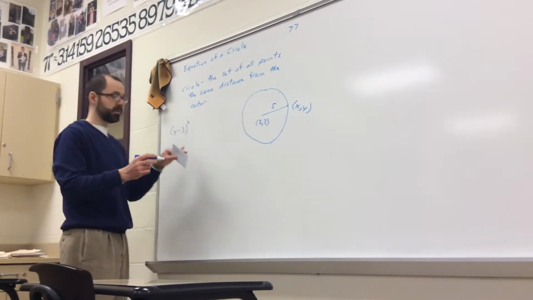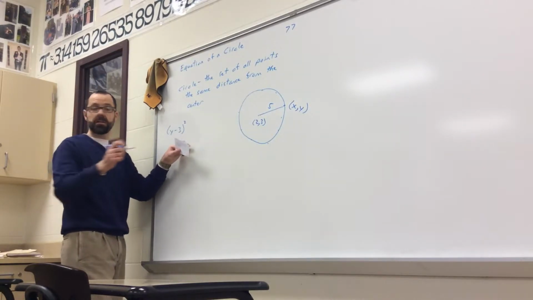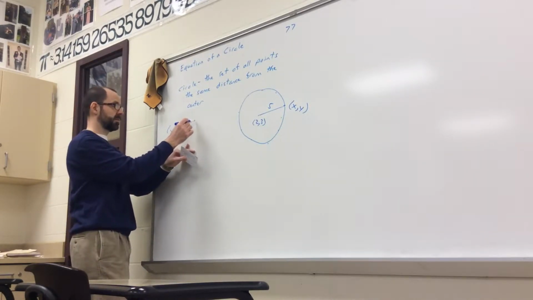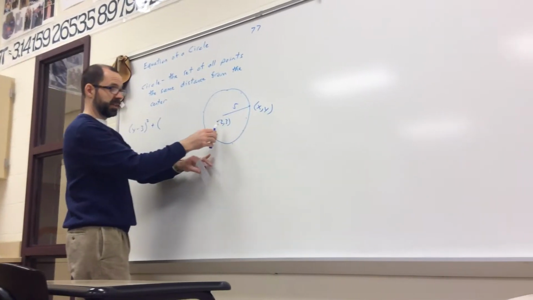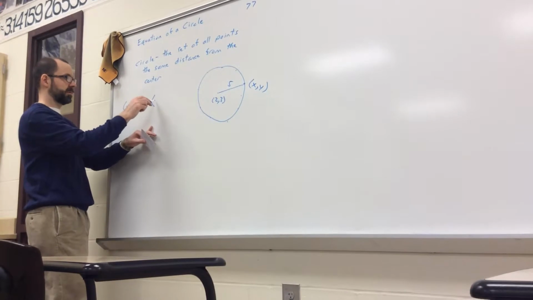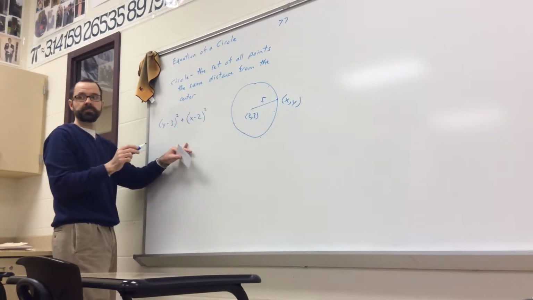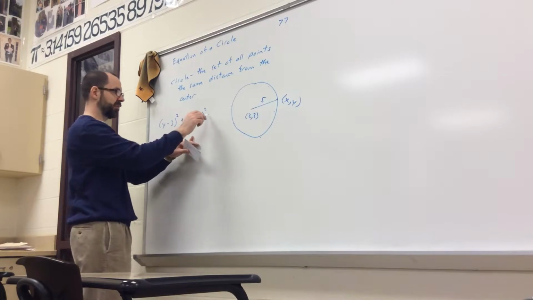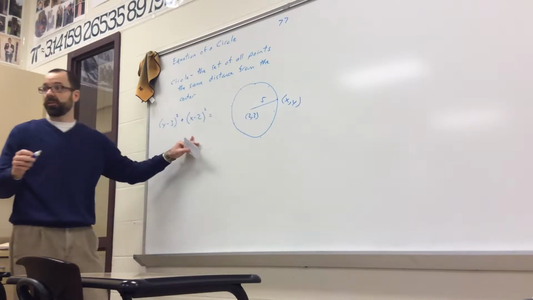And then what? How does the distance formula go? Yeah, plus x minus 2 squared. Good. So plus after that, and then x minus 2. And that should equal the distance squared, right?